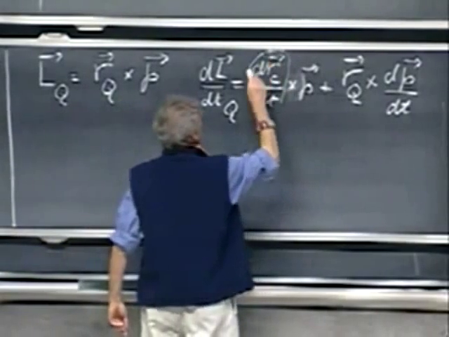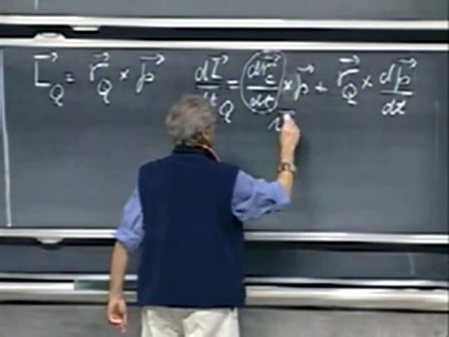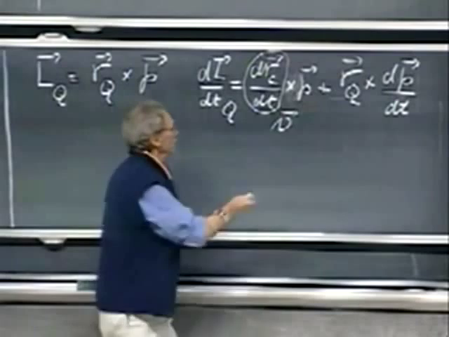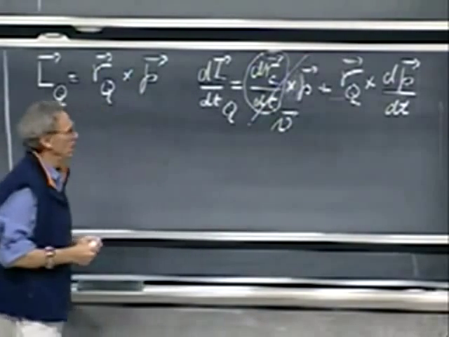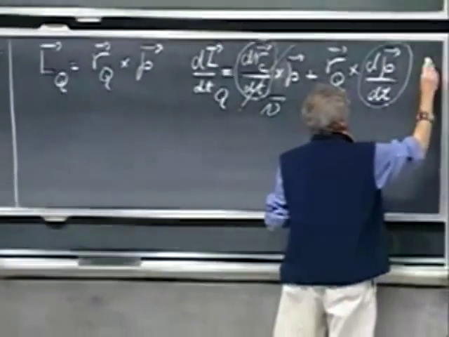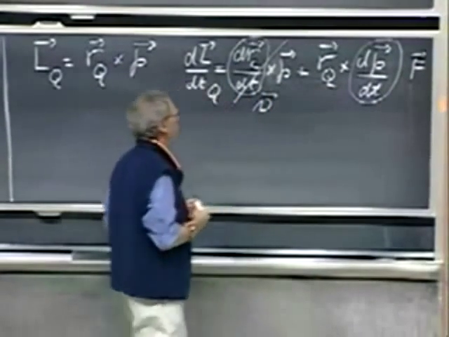This here is the velocity of the object, the velocity vector, which is always in the same direction as P. So this is 0. The dp/dt, that is the force on the object, we've seen that before in 801.